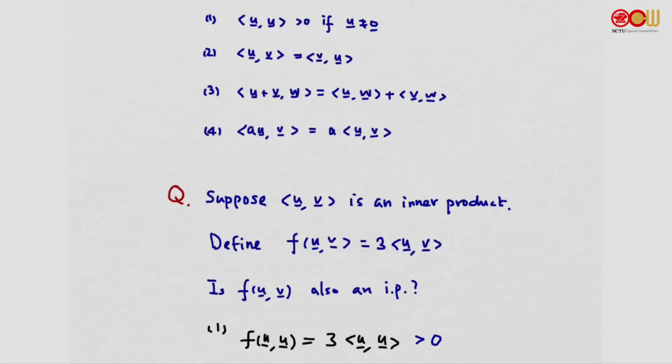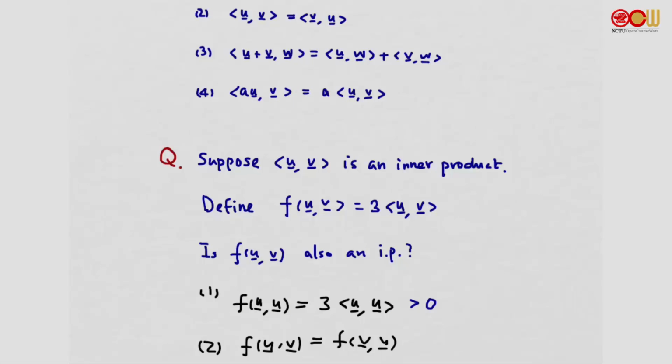So the first property is satisfied. And secondly, we need to check whether f(u, v) is the same as f(v, u). Because the inner product function satisfies this property, we can readily verify that that's indeed the case.